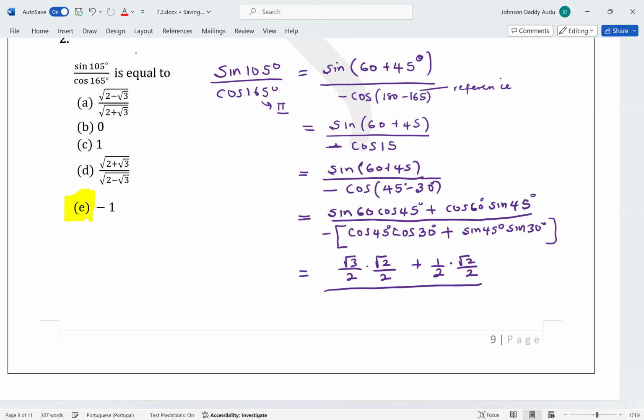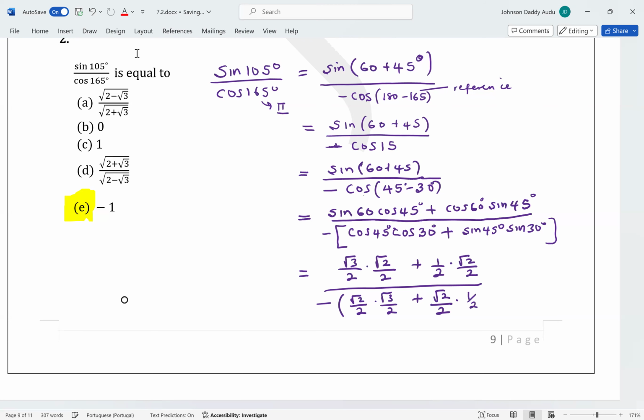Everything divided by, don't forget we have a minus outside, cosine 45 which is root 2 over 2, cosine 30 which is root 3 over 2, plus sine 45 which is root 2 over 2 times sine 30, which is 1 over 2.